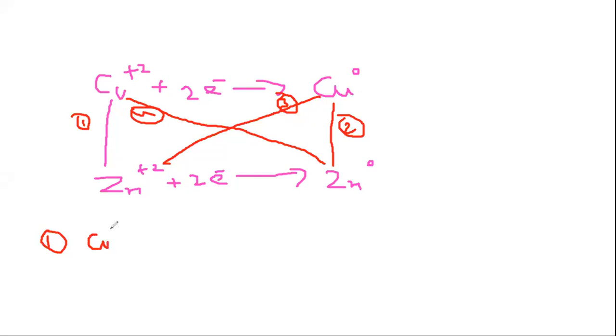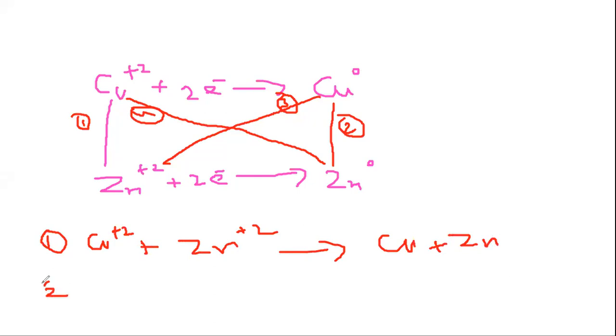Let's suppose this is copper plus 2, option 1, reacting with zinc plus 2, forming copper metal and zinc metal. So this is the first option, and the second option is this one.